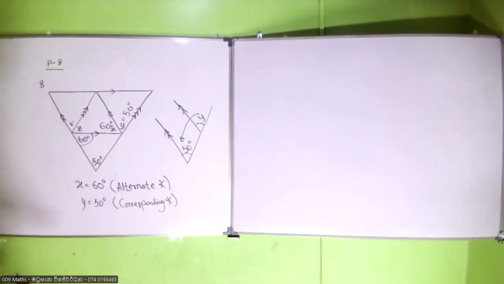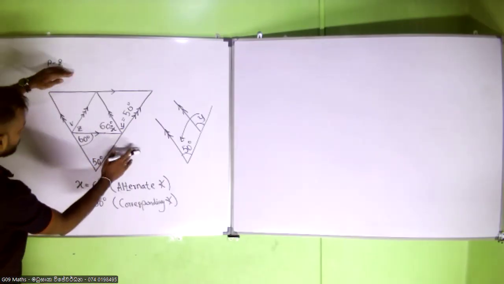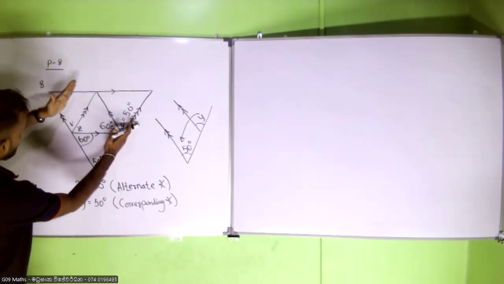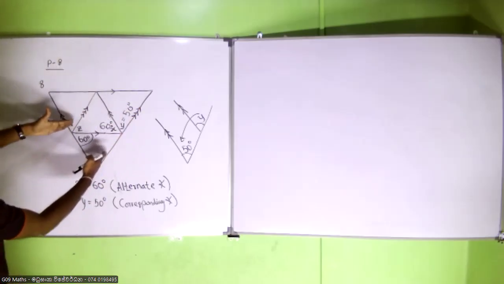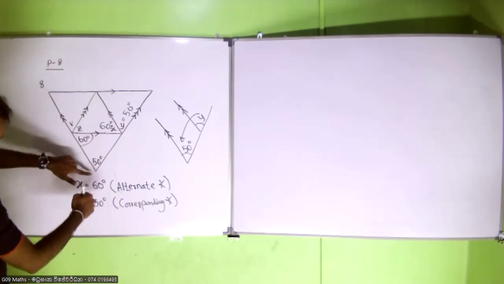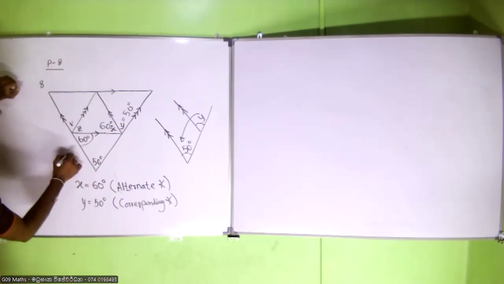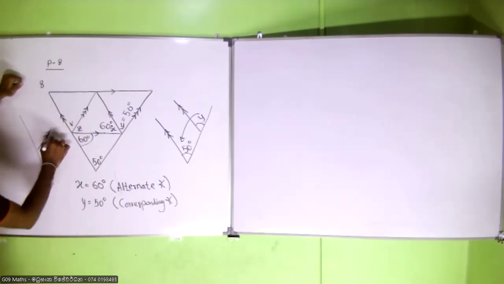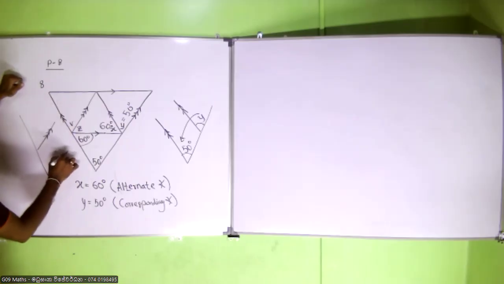Now, can you use the same way? This one and this one, these two lines are parallel. Here you have a line like this, and this line is parallel, with three arrows, to this one.